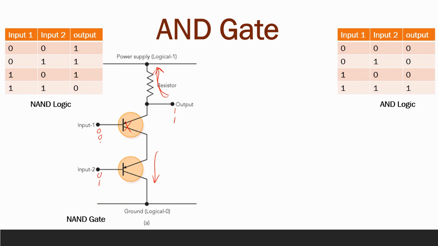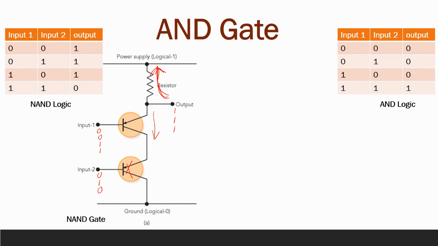When input 1 is at a high level, while input 2 is at a low level, the lower transistor shuts down. Even though the upper transistor conducts, the output is still pulled up to the power and is at a high level. Therefore, 1 and 0 shall be 1.